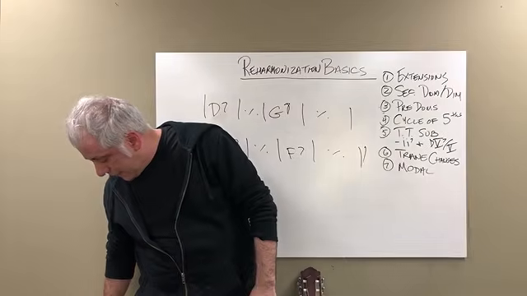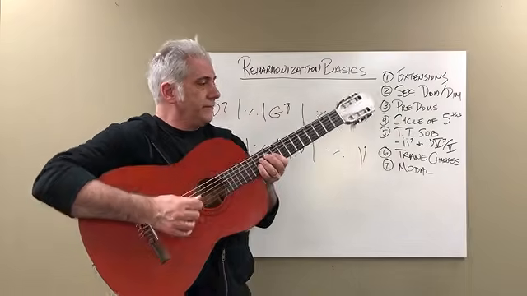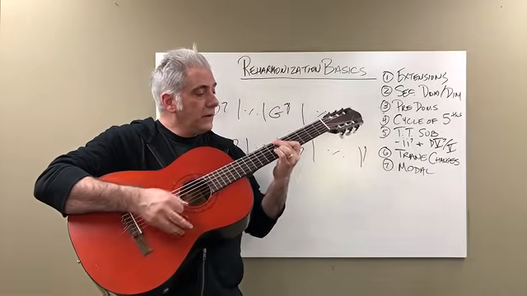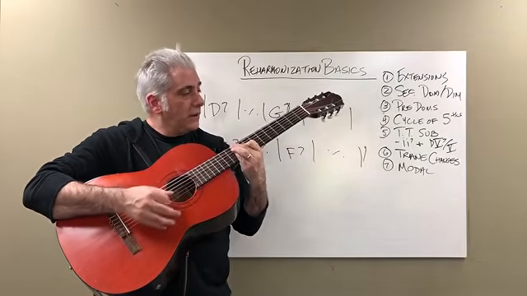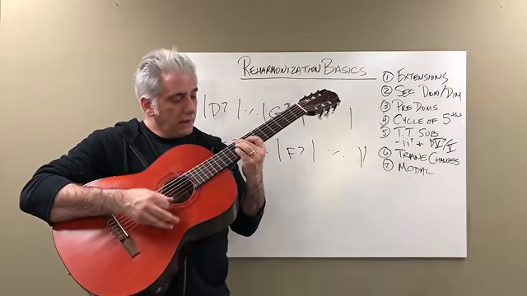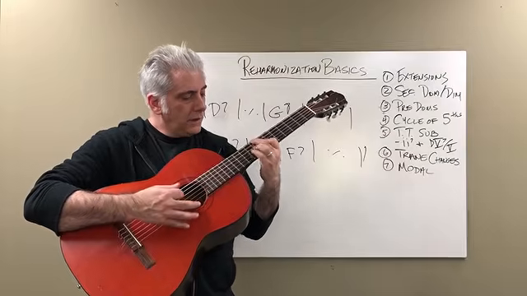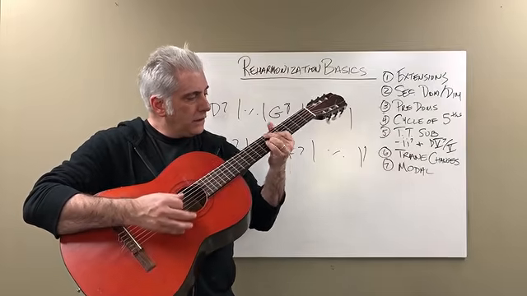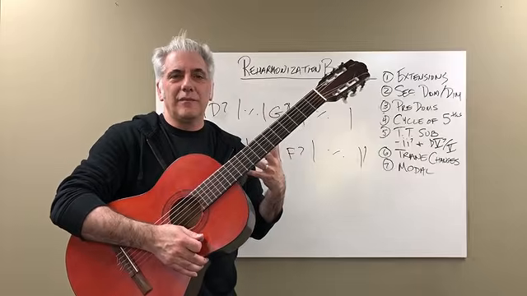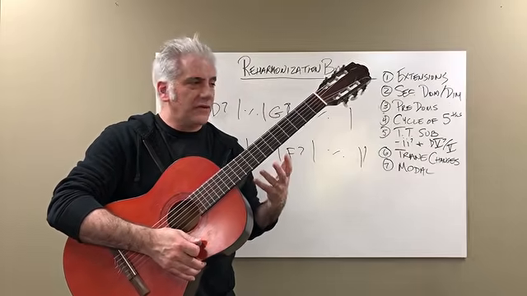Well, you can take a dominant chord, a G7 chord, and go. I'm actually adding some chromatic passing chords and things like that.